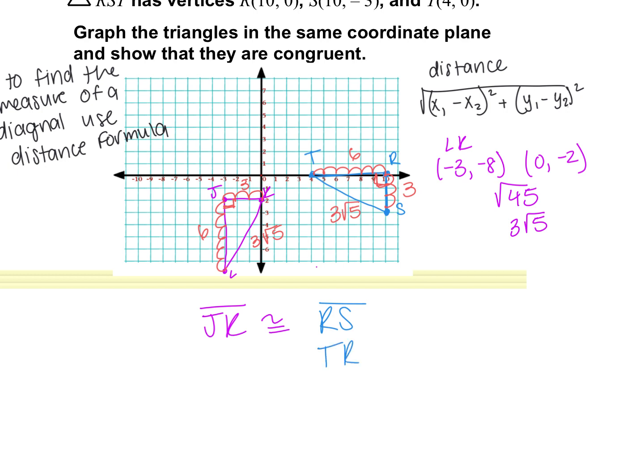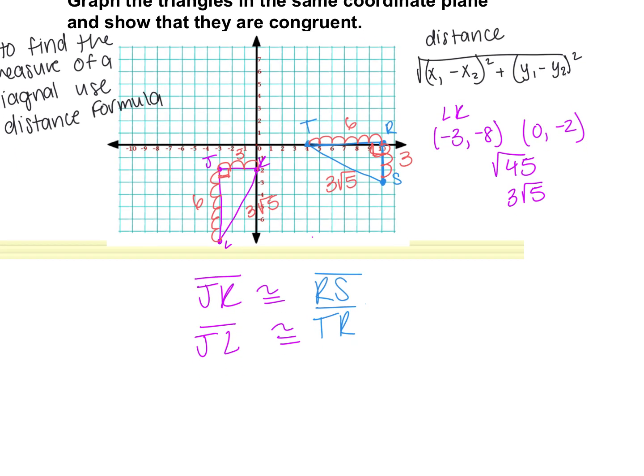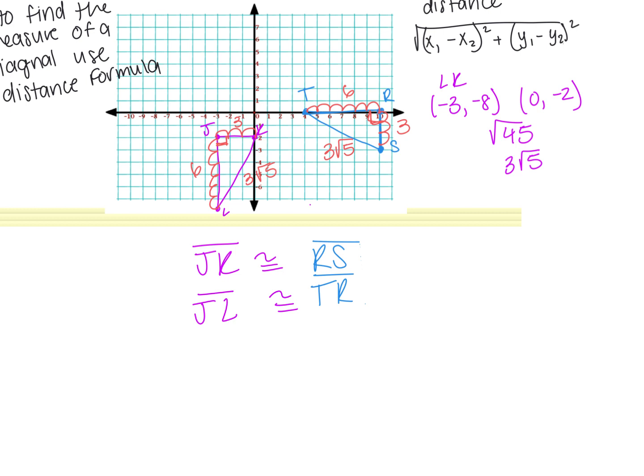TR is congruent to what? JL. And then what else? KL is congruent to TS. So is this two congruent triangles? Yes, this is congruent.